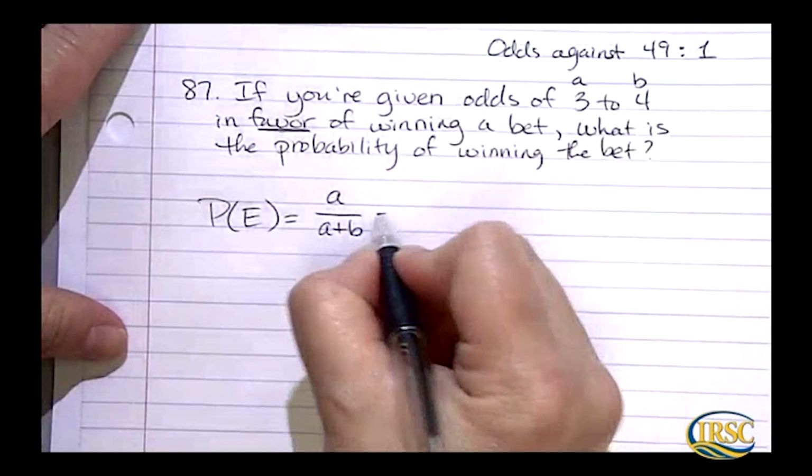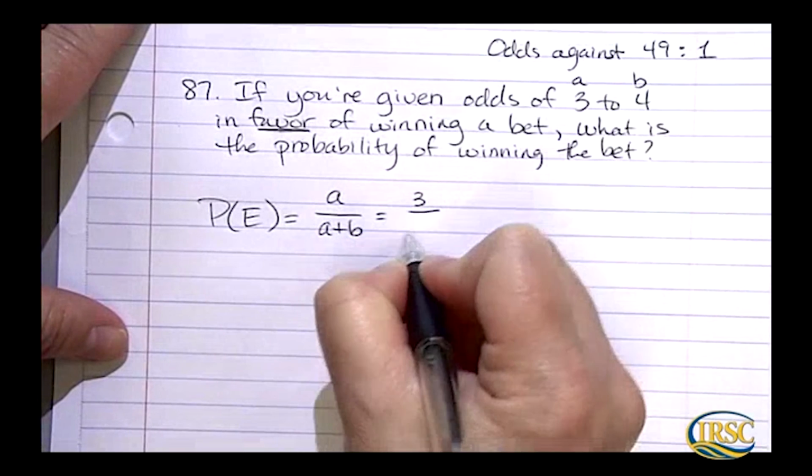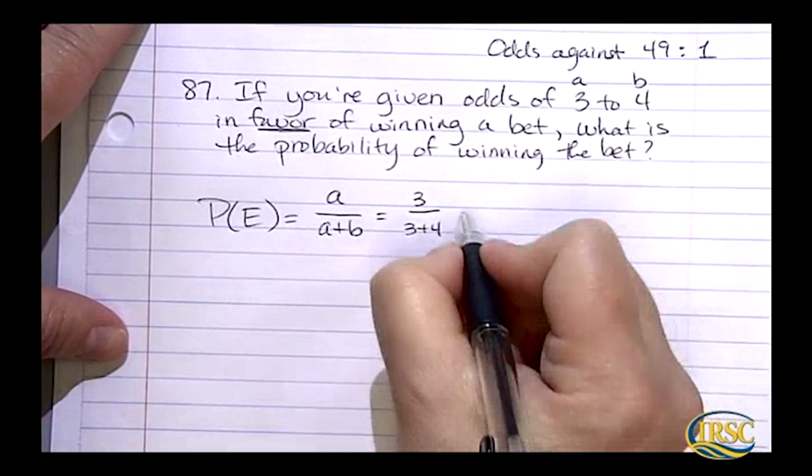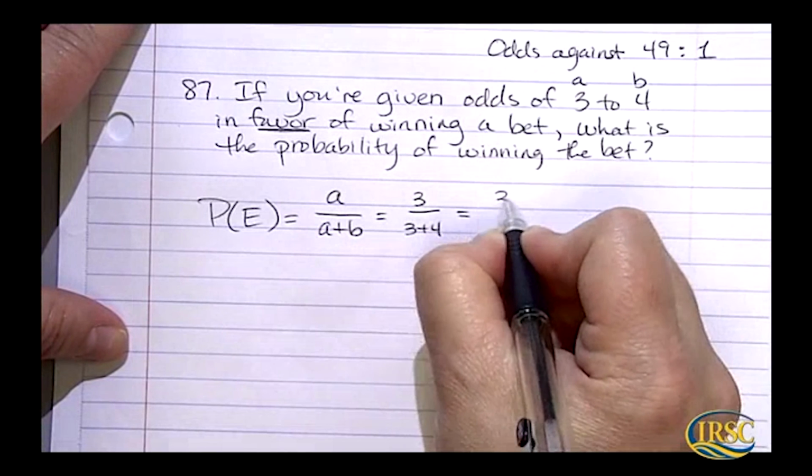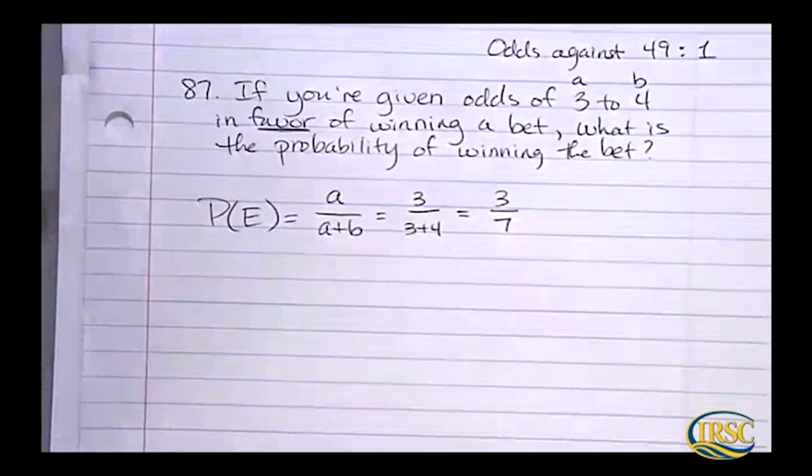All right, so just substitute in those numbers, and you have 3 over 3 plus 4, which gives you 3 over 7.